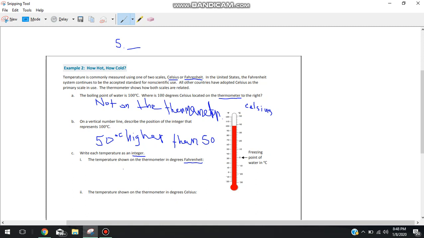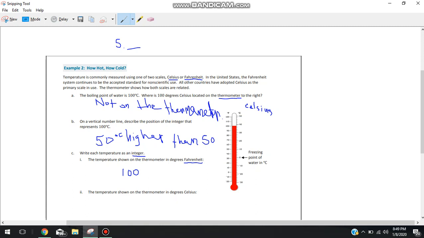So the temperature would be 100. That's the integer, right? Since we don't need anything else but the integer, this 100 represents the 100 degrees Fahrenheit. You don't need the degrees Fahrenheit if it's asking us for an integer. They just want the positive or negative whole number, or 0, that represents this scenario.